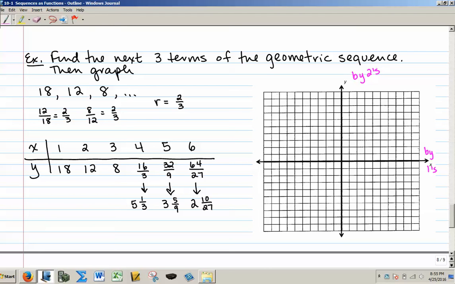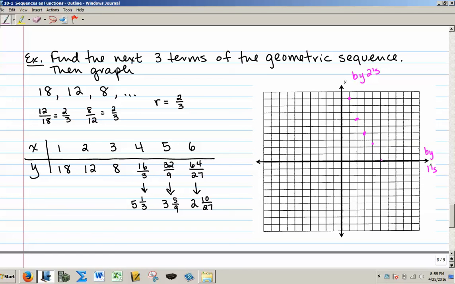So I have the point 1, 18, so 1, and then 2, 4, 6, 8, 10, 12, all the way up to 18 would be right there. 2, 12: 2, 4, 6, 8, 10, 12. 3, 8: 2, 4, 6, 8. 4, and that's going to be 5 1/3, so 2, 4, and let's do it about like there, about 5.